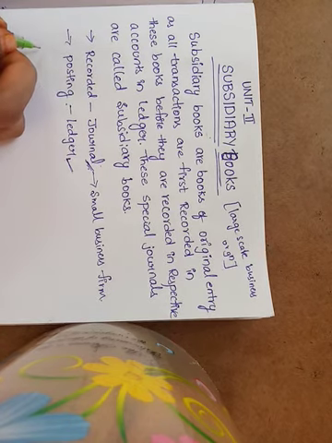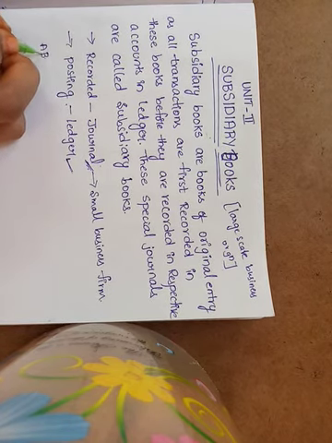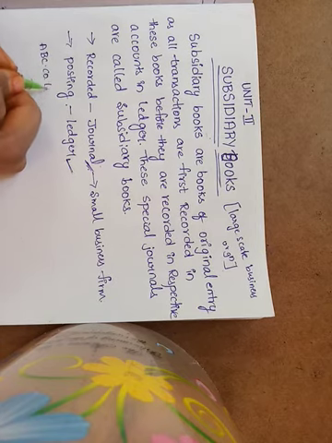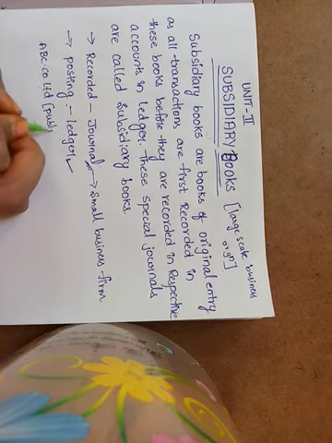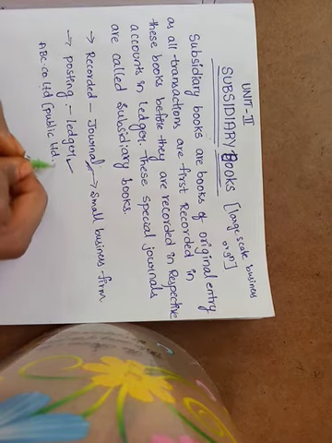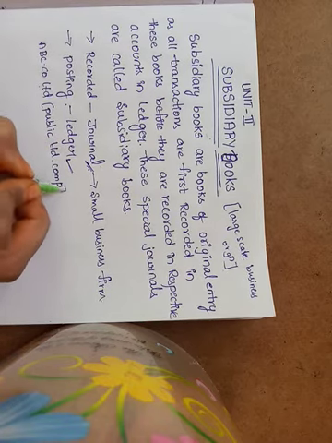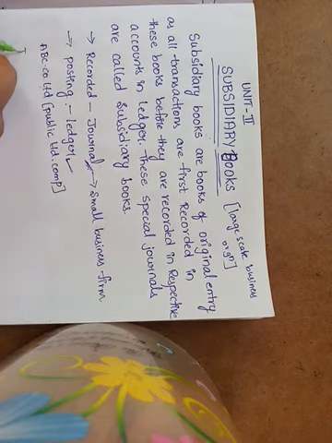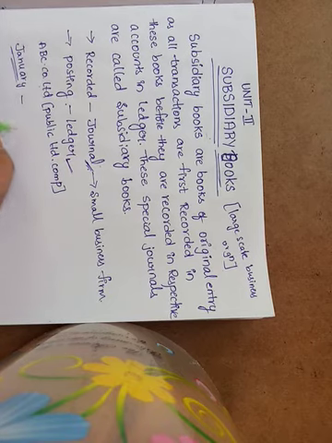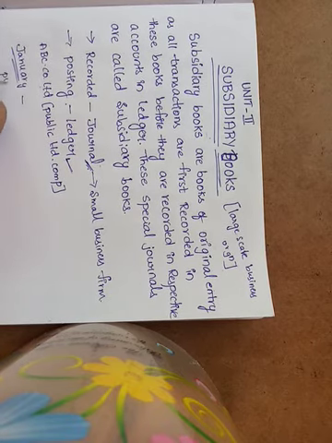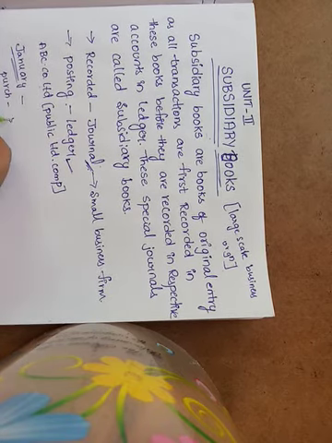Suppose in ABC Company Limited, a public limited company or big company, in the month of January there are several transactions. Under this, purchase transactions are 500.